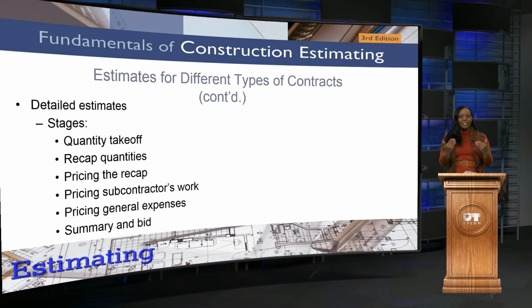And in those stages, you've got quantity takeoff, recap quantities, pricing the recap, pricing the subcontractors' work, pricing general expenses, and summary and an overall bid to go out the door.